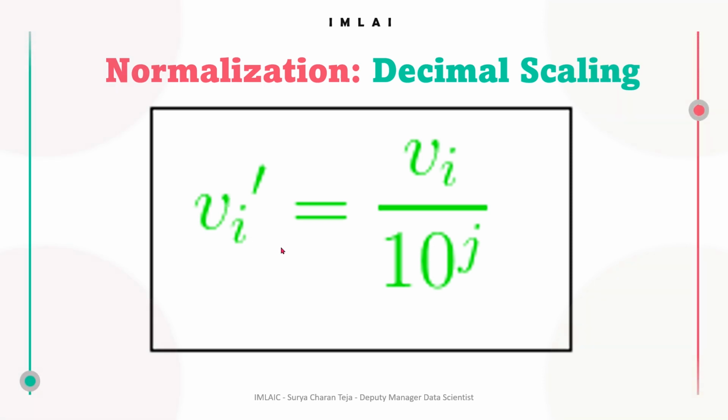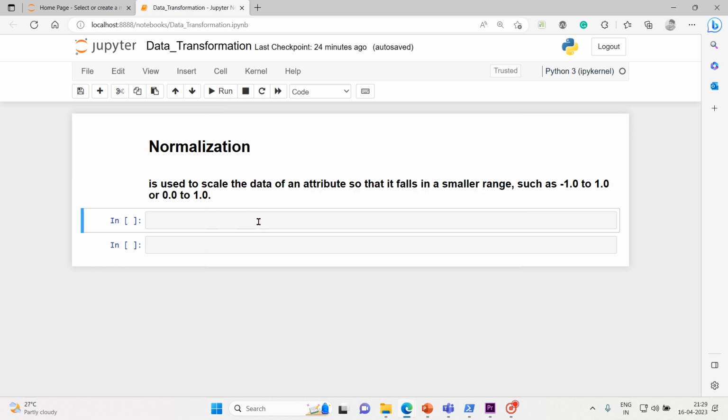But let's take one example to have a clear-cut understanding. Decimal scaling method for normalization.